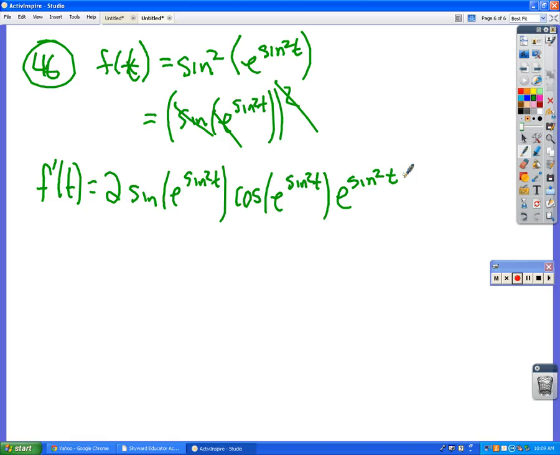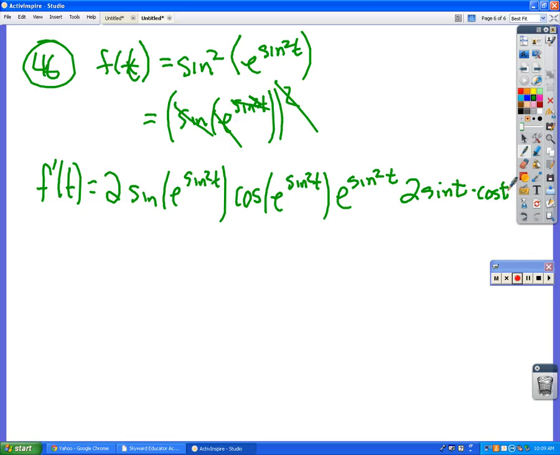And then I have to do the derivative of sine squared t, and so I have to do the power first. So it's 2 times the sine of t, and I have to multiply that by the derivative of the sine itself, and that would be cosine of t.